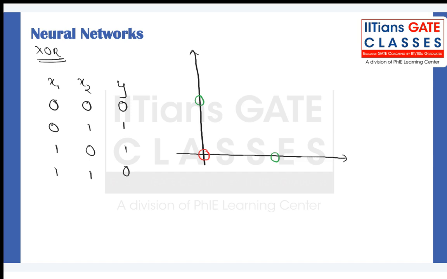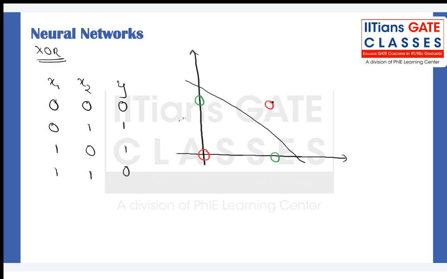Red class, right? Now if you see, this class is not linearly separable, which means if I draw this line, does it separate out the red and the green classes? No, because there is a point above this line which is red. You might argue, what you can do is something like this.